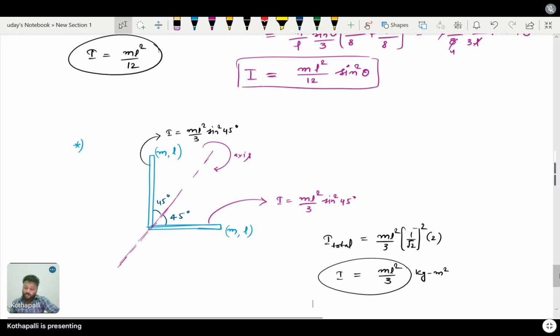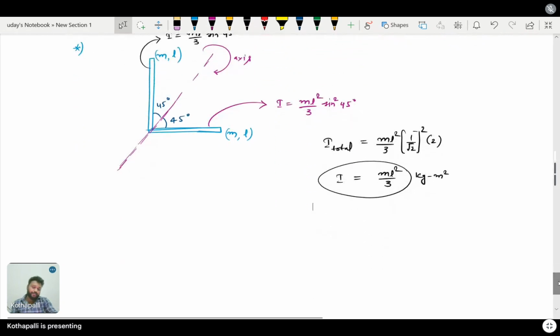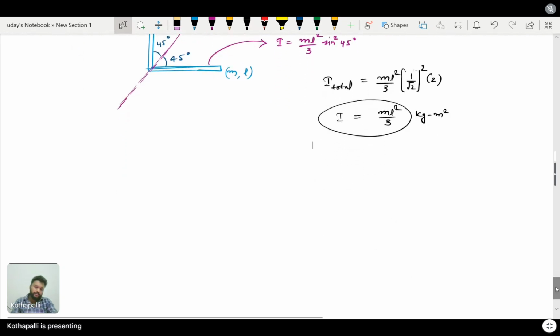One more question. Let's try. Let's take the letter N from the word NEET. The letter N I'm taking.